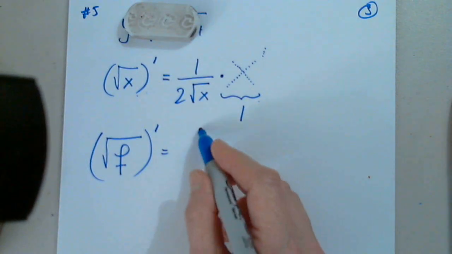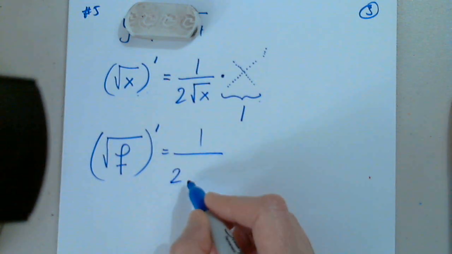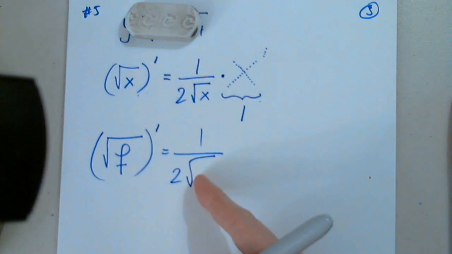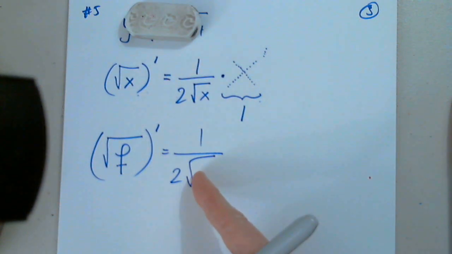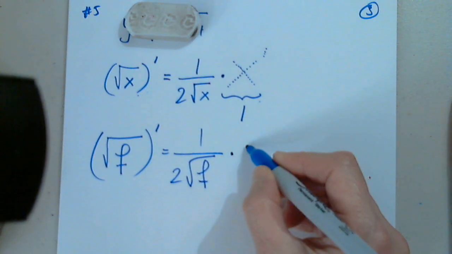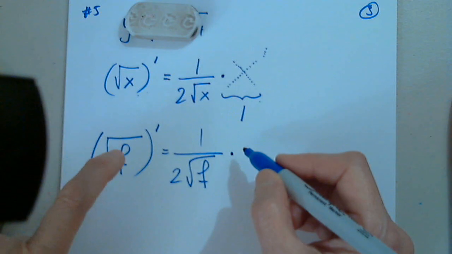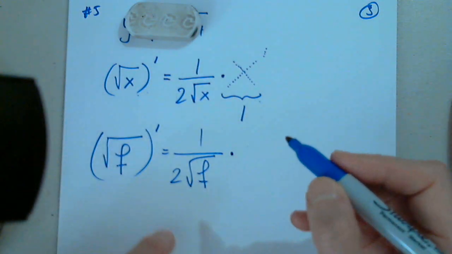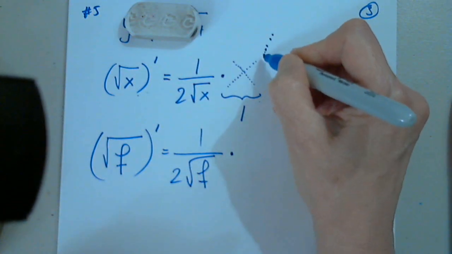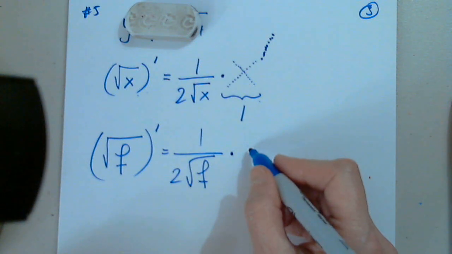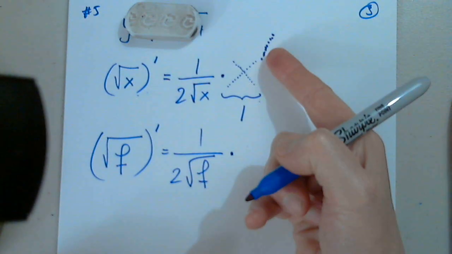Give it a shot. 1 over 2 square root of f, times f prime.